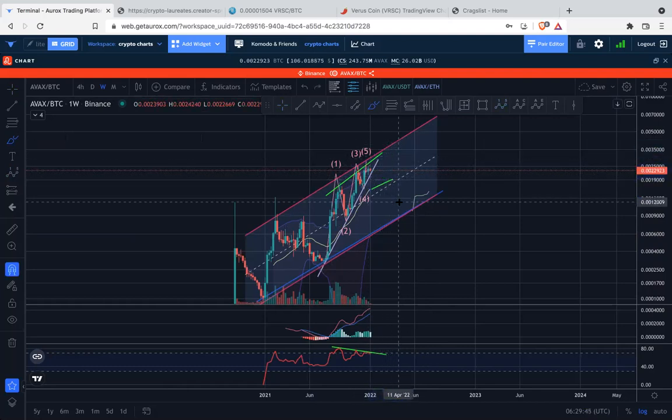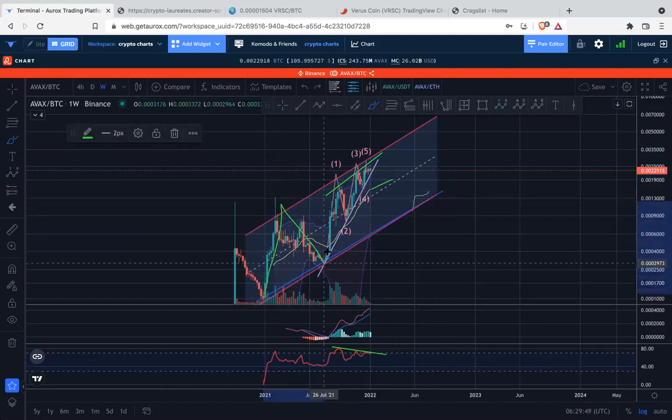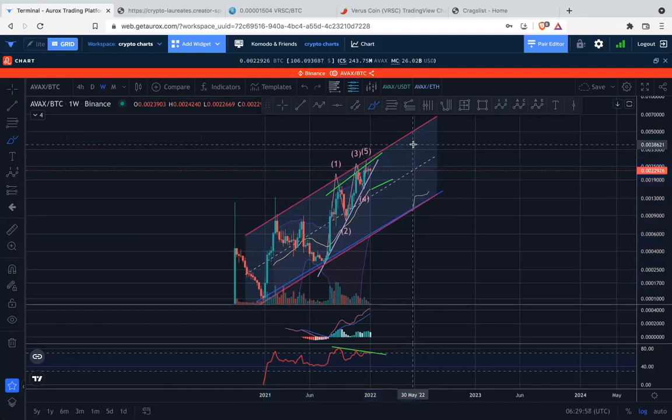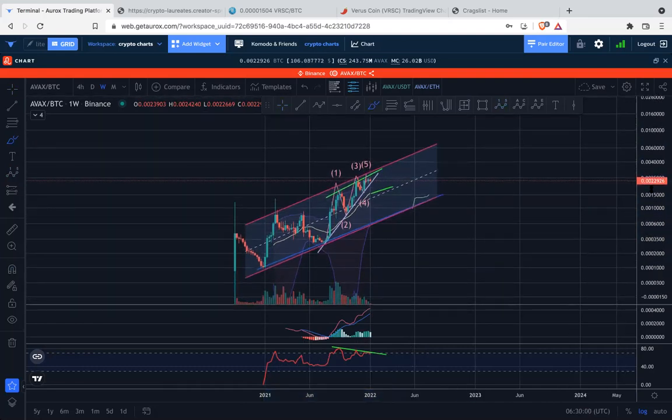But if we follow this 20-week moving average, maybe it'll hit the 20-week moving average and then go higher. That's possible, because maybe ultimately what I do think is happening is a 1, 2, a 3, whatever is going to be the 4, and then the 5. That is also a good possibility here. But having said that, this bearish divergence seems to be building, so just keep an eye out on that for Avalanche.